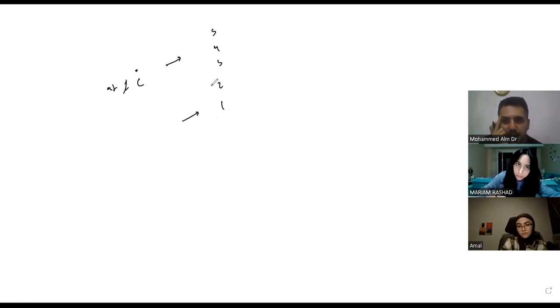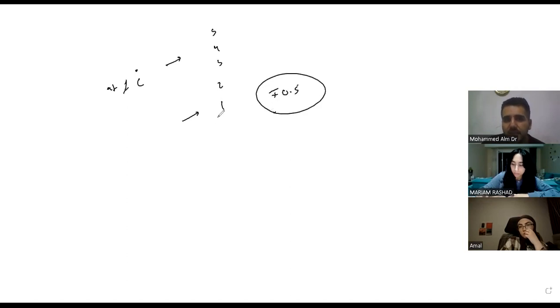The uncertainty of this thermometer is plus or minus 0.5. How do we get this uncertainty? It is the difference between each two calibrations. The difference between 1 and 2 is 1, so the middle is 0.5.